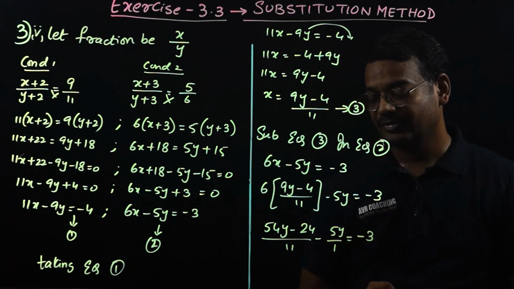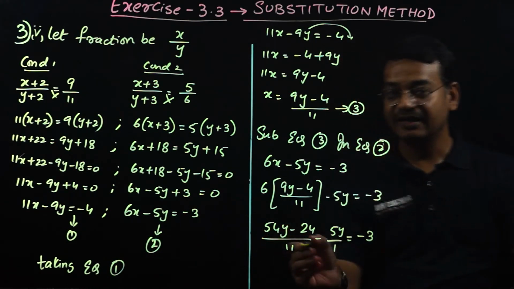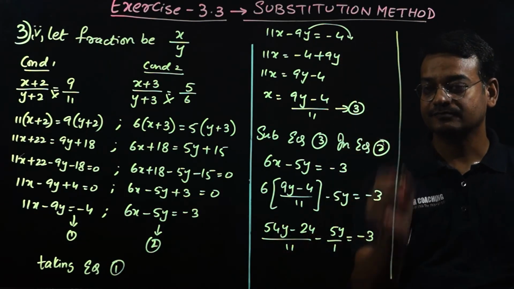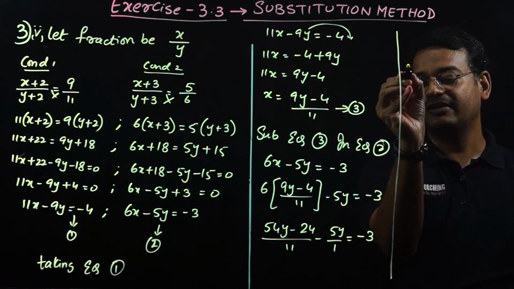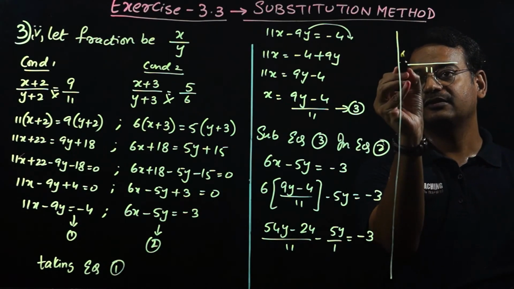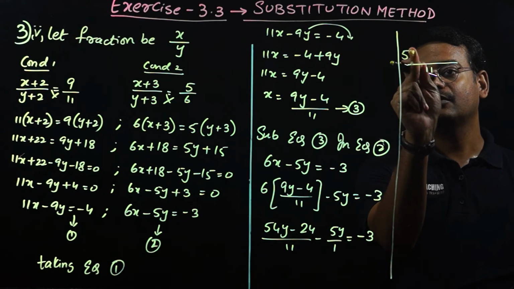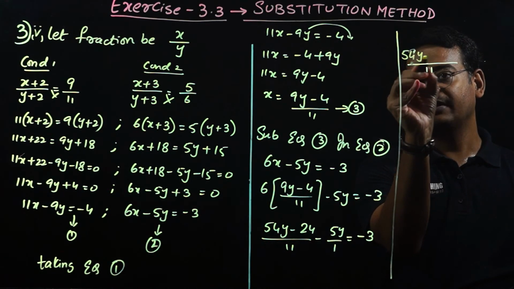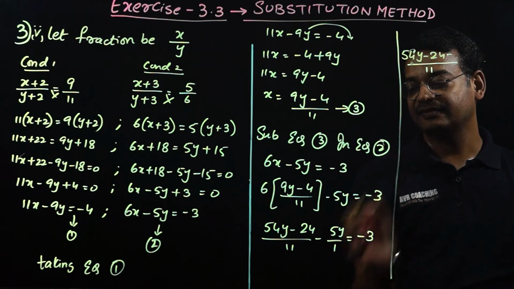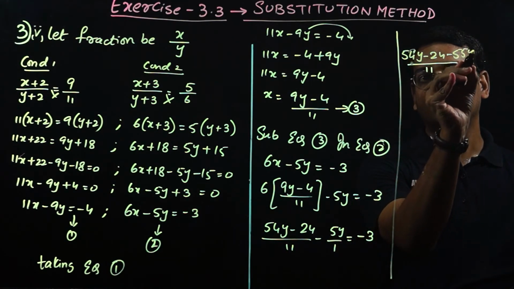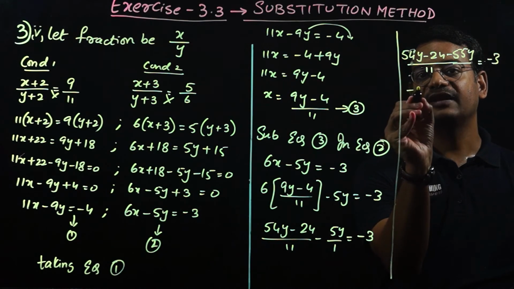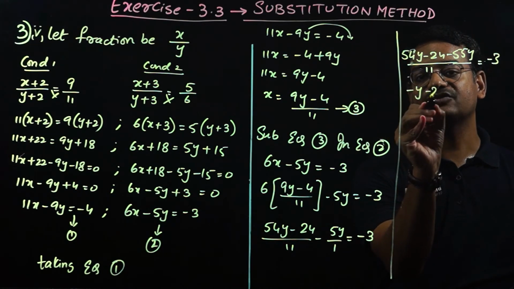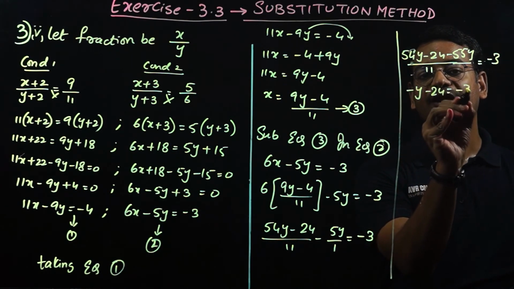When you take the LCM, this will be 11, and 54y minus 24 minus 55y is equal to minus 33. So this is minus y minus 24 is equal to minus 33.